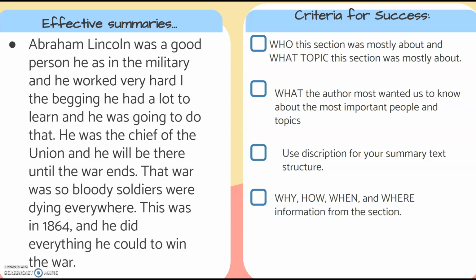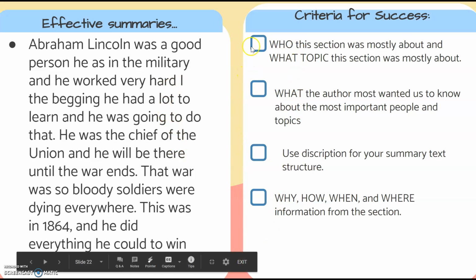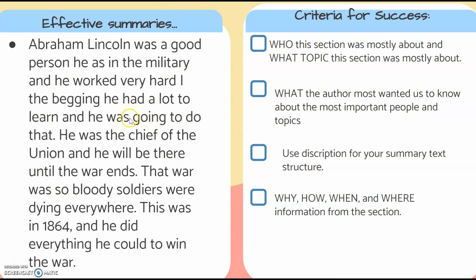That war was so bloody, soldiers were dying everywhere. This was in 1864, and he did everything he could to win the war. This student put in a lot of effort, and they really made sure that they identified all of the things in the criteria for success. This would give you full credit.